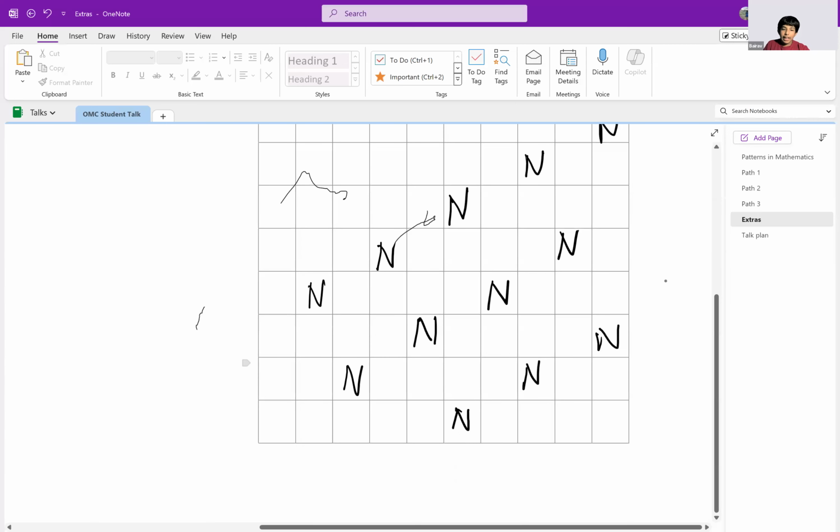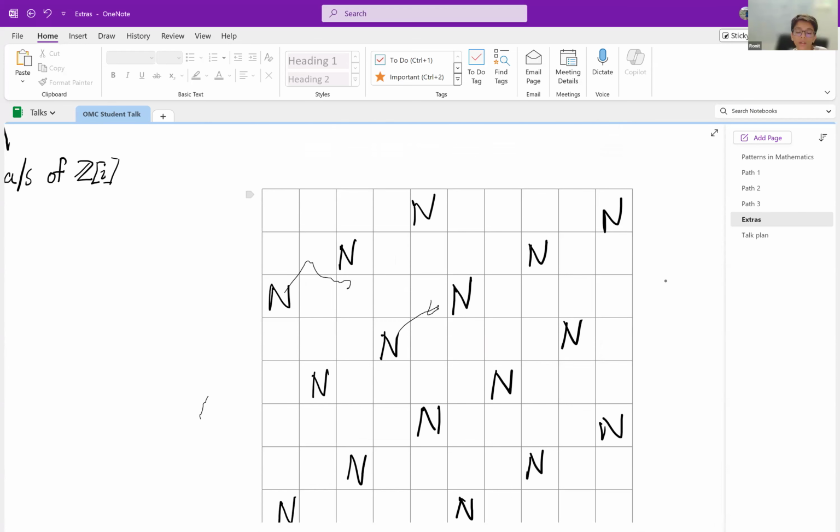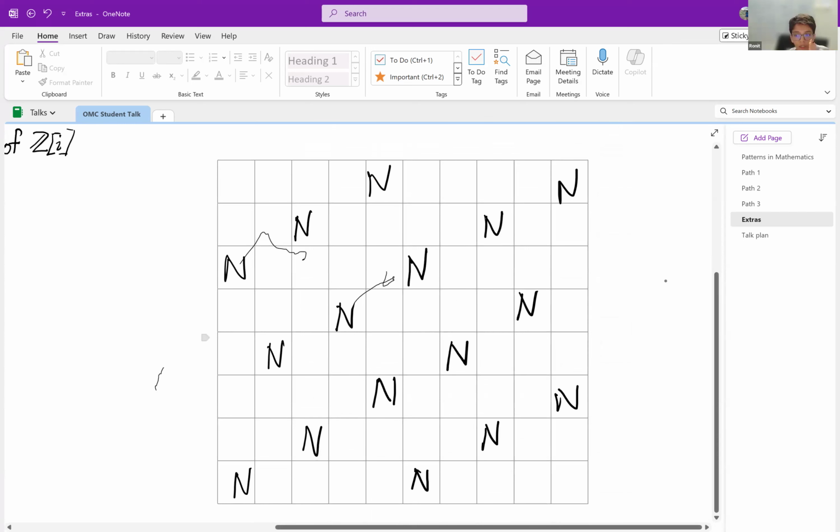And what fraction of the positions can this knight go in? Out of the eight positions that one knight can go, we now restricted it to four.